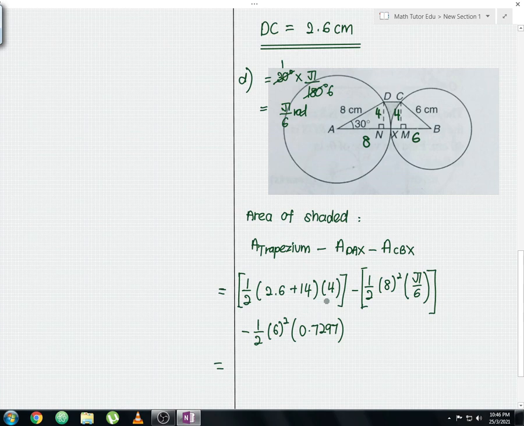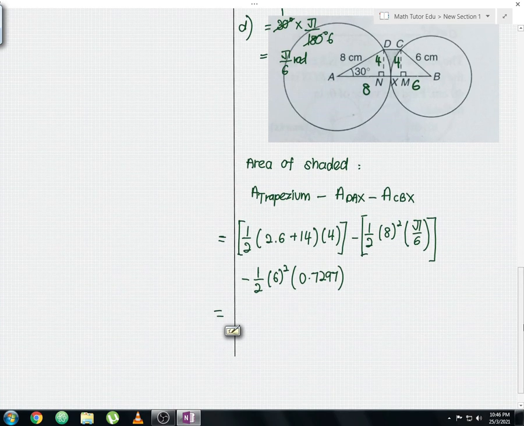Let us start to calculate with the trapezium. 2.6 plus 14, you should get 16.6. 16.6 times 4, you should get 66.4, and then you divide by 2. So you should get 33.2 centimeters squared.